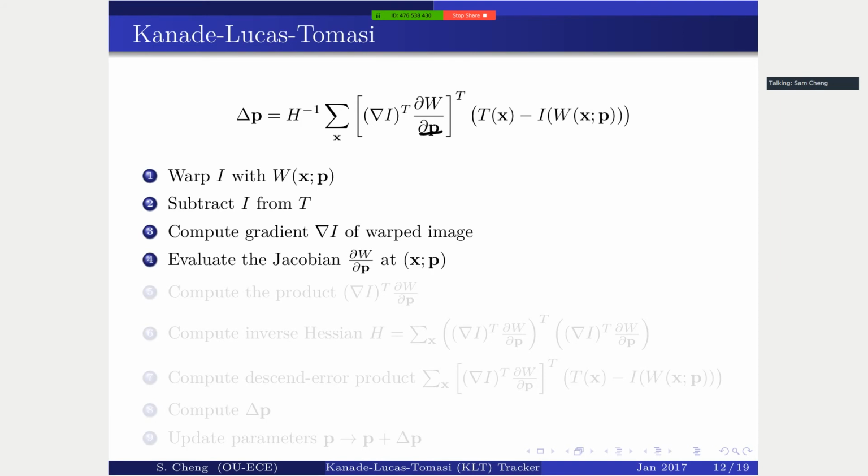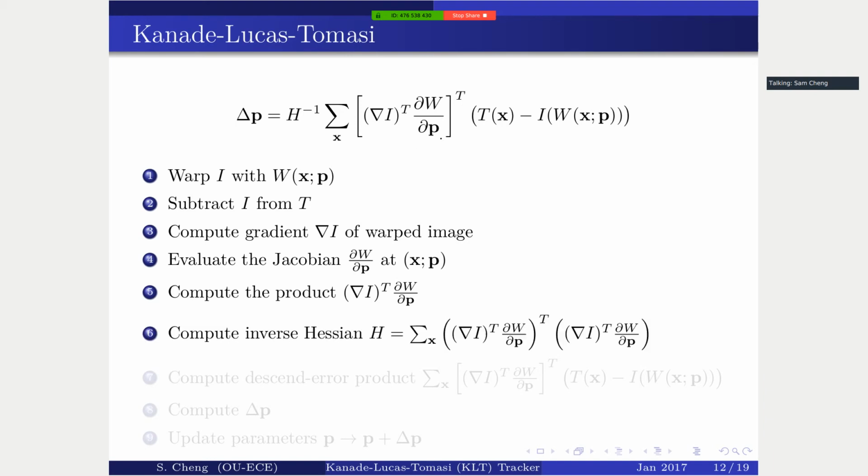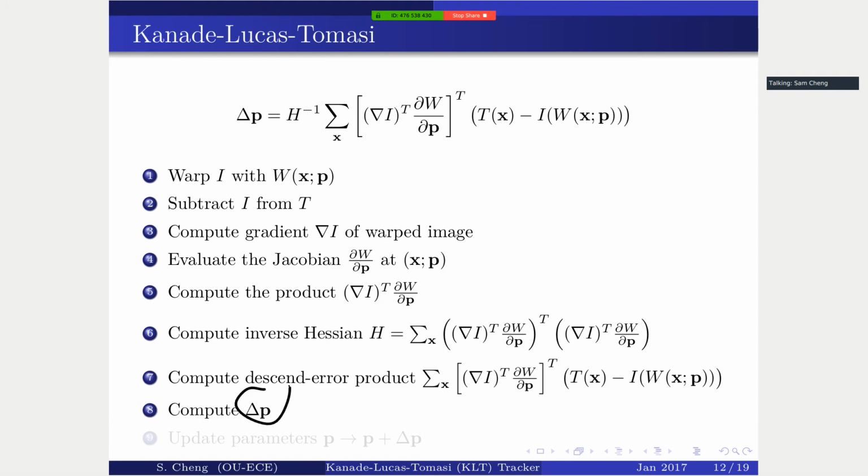I compute the Jacobian at P there. Note that this P will change every time, because each time we update the P, right? And then I eventually compute this guy, and then we compute the Hessian here, and so and so forth. And eventually compute delta P and update P plus delta P here.